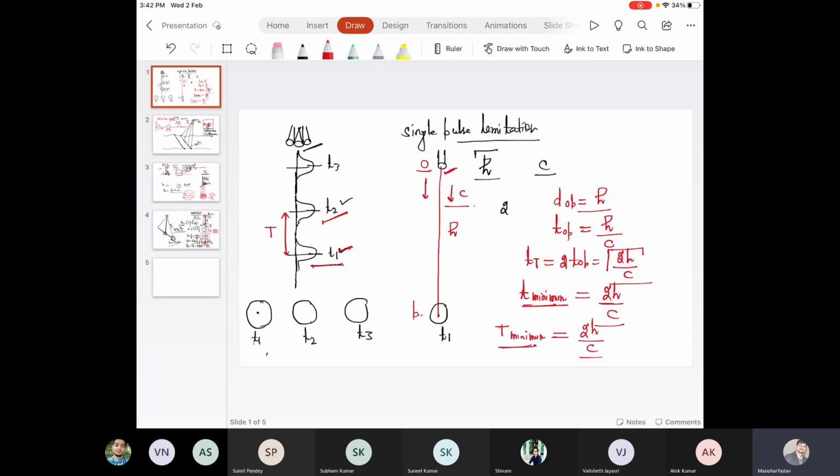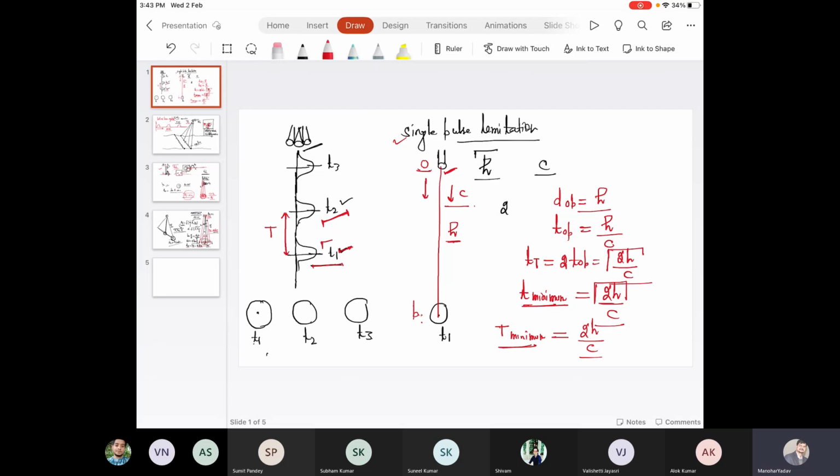Like when this T1 starts from O to P, then back to O at height h, the time required is 2h by c. Single pulse limitation tells that you can't fire pulse T2 before receiving the return of T1.